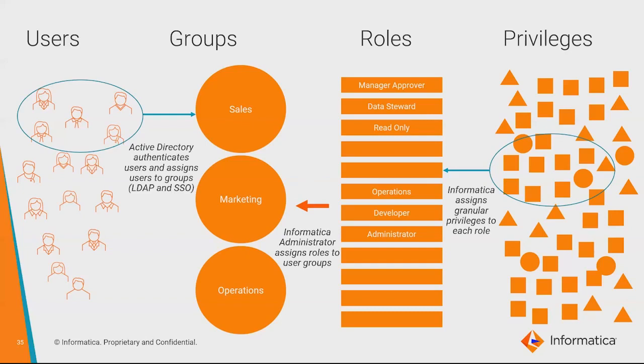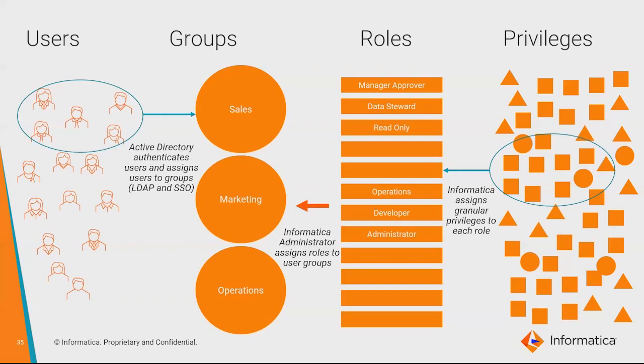Now, you could then assign a developer role to that group. So now the collection of privileges on the right, Informatica gives those privileges to the development role, which is built into the system. The developer role is then assigned to the developer offshore group.